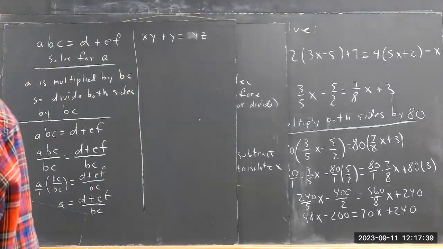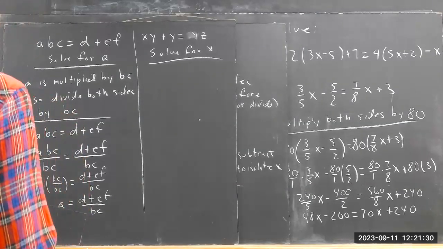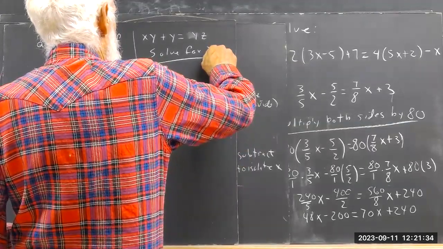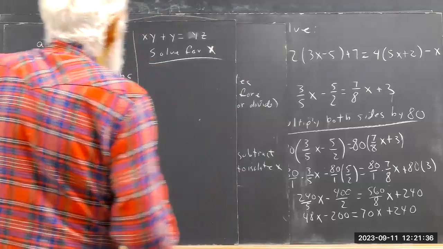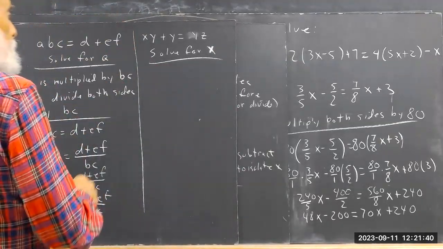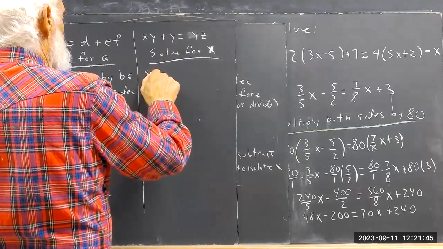XY plus Y equals YZ. Okay, solve this for X. First thing we've got to do is subtract Y from both sides.